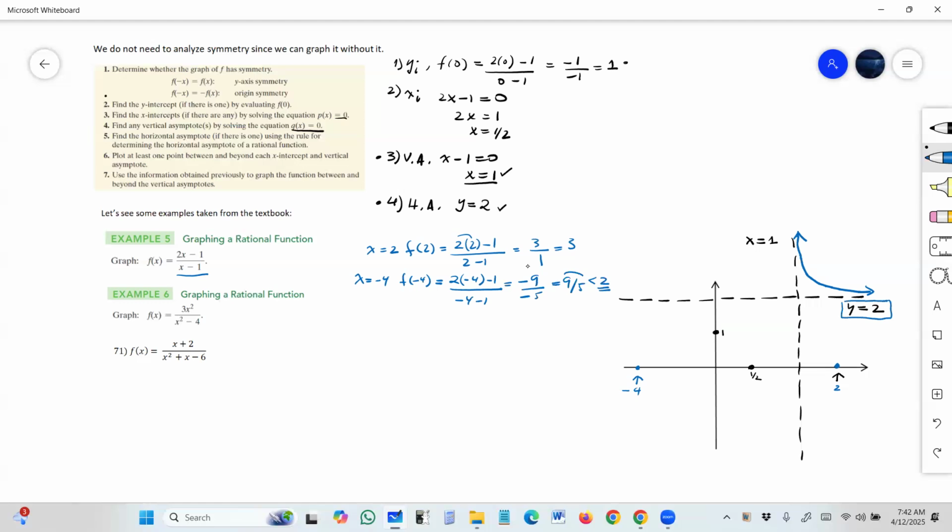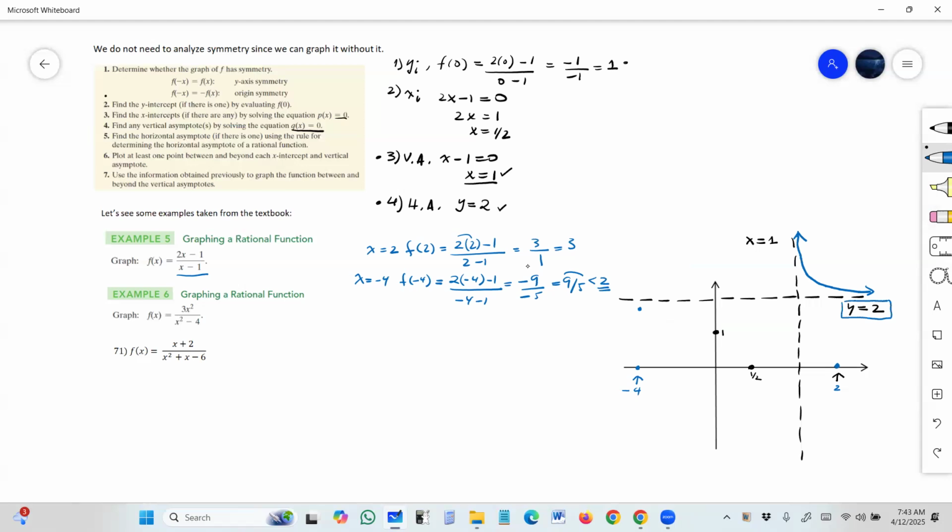So I know the graph is here somewhere. It's very, very important that you understand this. My graph can either be here or here. It cannot be in both places. Why not? Because this dashed line is an asymptote. The graph never crosses nor touches it. So it's either one or the other.